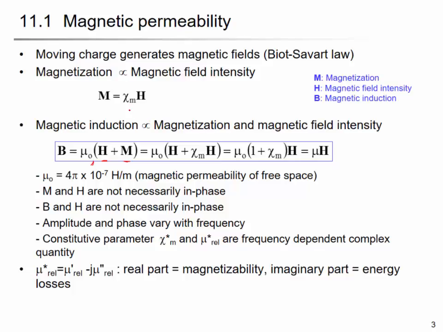So if you plug this equation in, you have the final equation: mu naught times 1 plus psi m. And here psi is the magnetic susceptibility. Together, this can be captured in mu, the magnetic permeability.